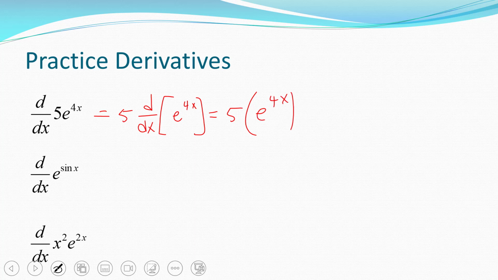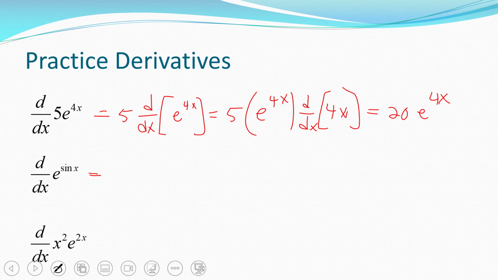You then multiply it by the derivative of the exponent. Notice, don't think of it as bring the exponent down. That's a different rule. That would then be 5 times 4, because the derivative of 4x is just 4. You then get 5 times 4, which is 20 e to the 4x. And I skipped a small step there because, well, frankly, I'm running out of space.